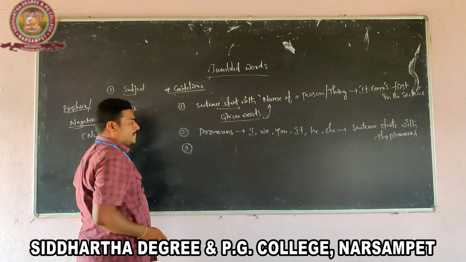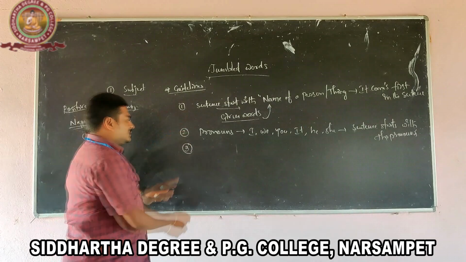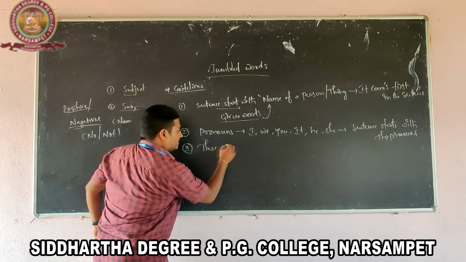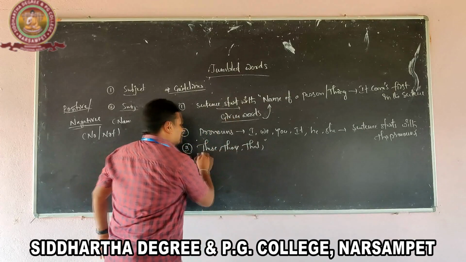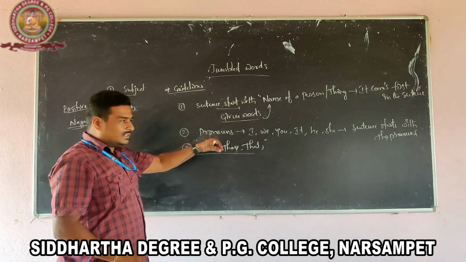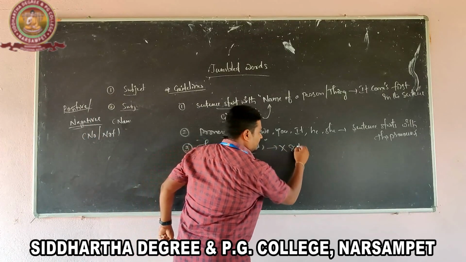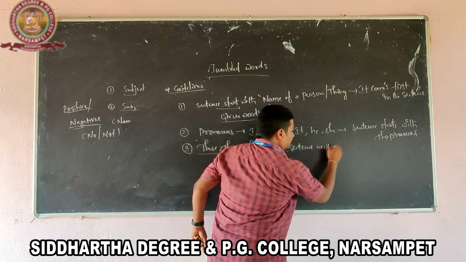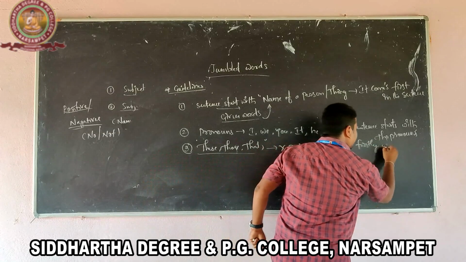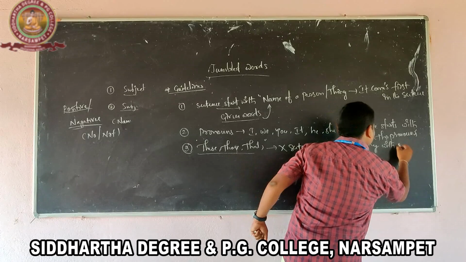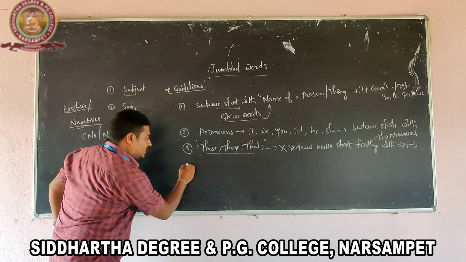Next, the third one is: if the words given include these, those, that, clear? In case these words are in the sentence, the sentence never starts with them. The sentence never starts firstly with these words. Okay, it is the third guideline.